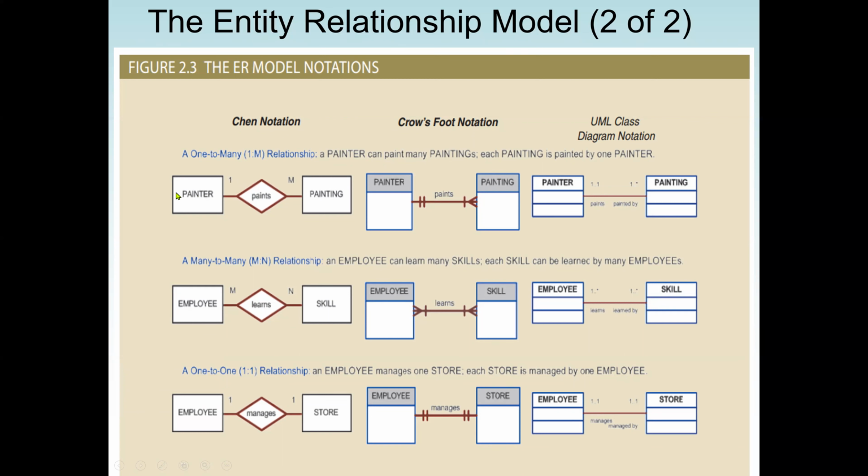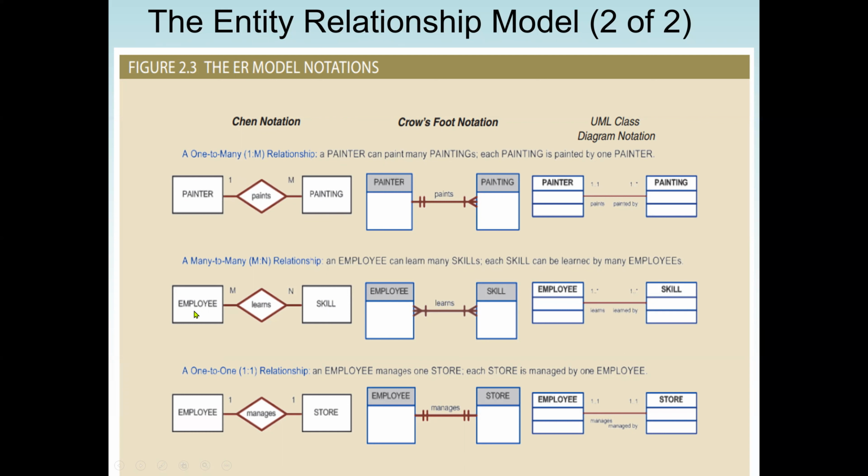So for the first example, we have a painter paints painting. The business rule says one painter paints many paintings. So painting is an entity, and painter also is an entity.